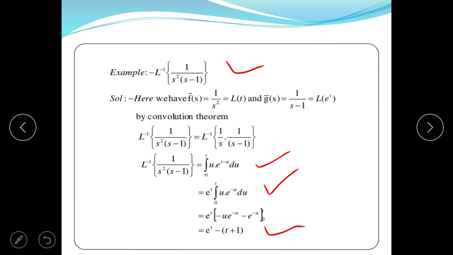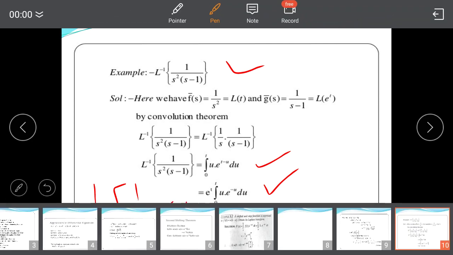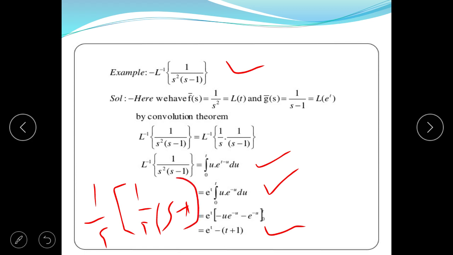How can we separate? We can separate in such a manner that first we separate 1 upon s and 1 upon s minus 1, and these two factors are separated individually first, and then we multiply with the outer part.